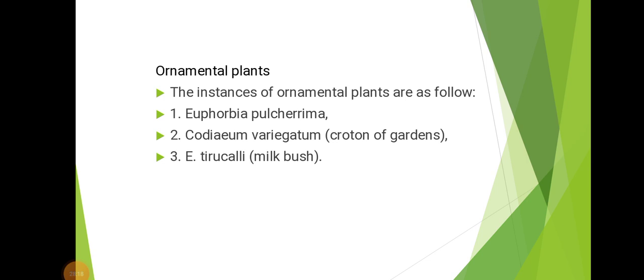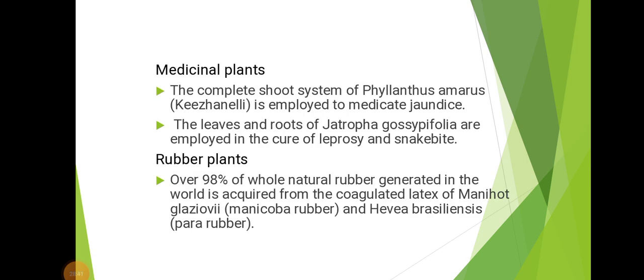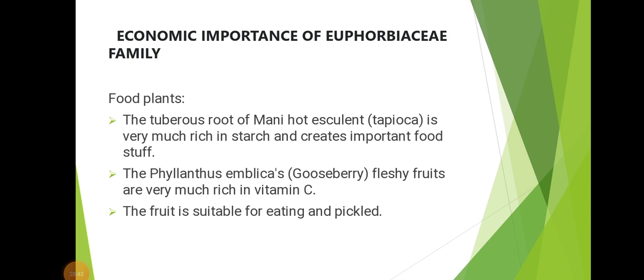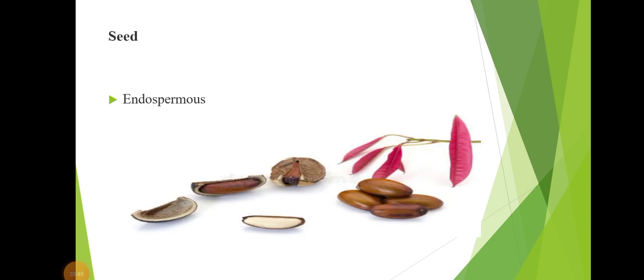Ornamental plants: the instances of ornamental plants are as follows. See Euphorbia pulcherrima and Codiaeum variegatum, croton of gardens, Euphorbia tirucalli. These are the major points on the economic importance of the Euphorbiaceae family.